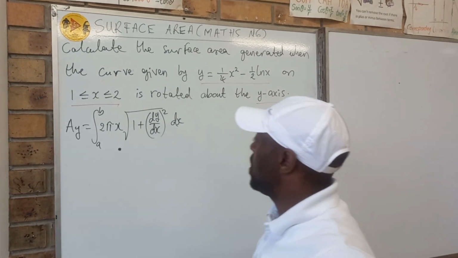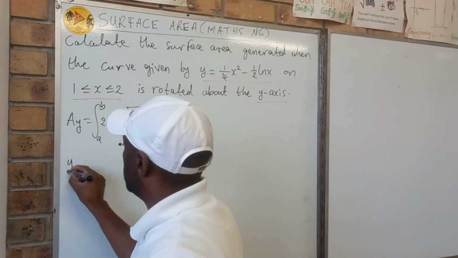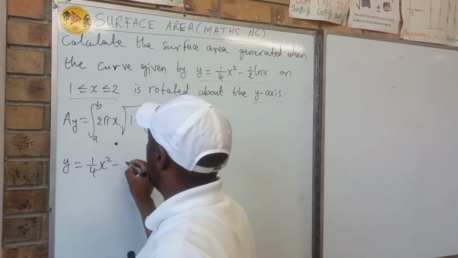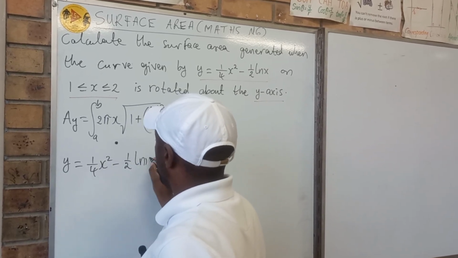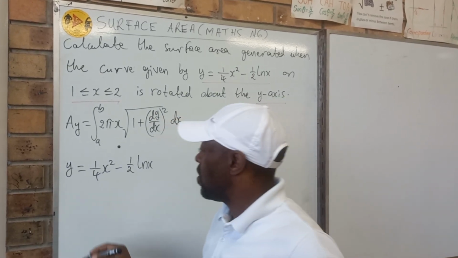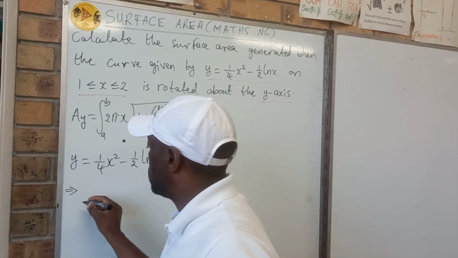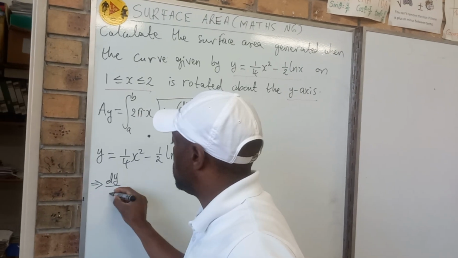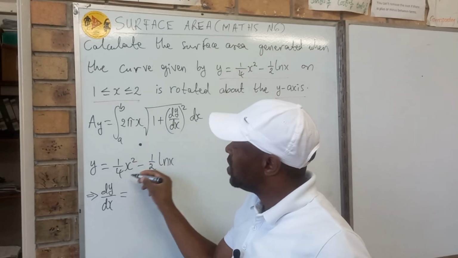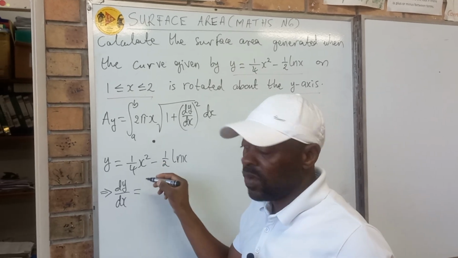So we can then bring down our function, which is y equal to 1/4 x squared minus a half ln x. So use that function to get dy dx. Luckily y is already the subject, so we don't need implicit differentiation here. If I differentiate the first term, you remember we are only differentiating the variable, never the constant.